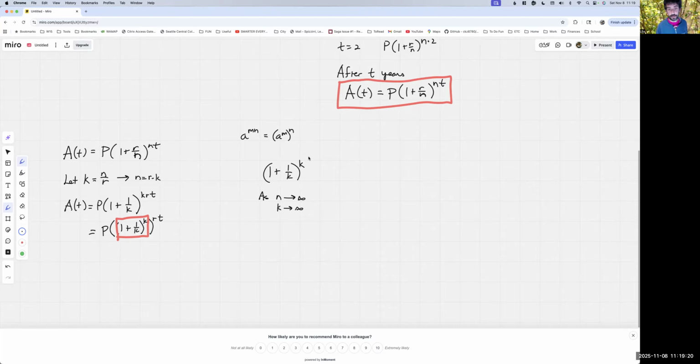And as k goes to infinity, this collection of symbols, (1 plus 1 over k) to the k: if you take the number 10 for k, and then 100, and then 1,000, and then 1,000,000, you keep putting in larger and larger k values.